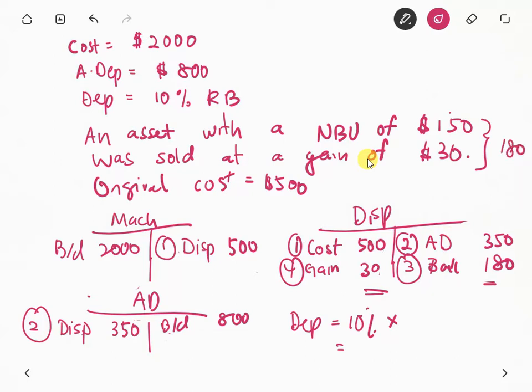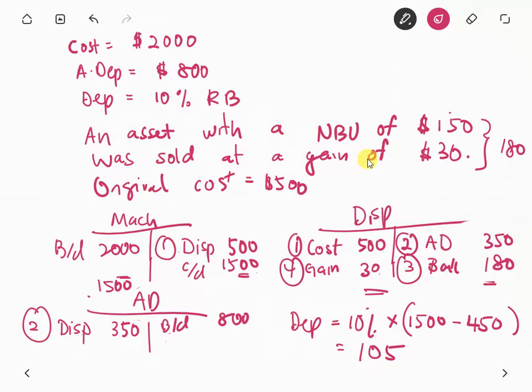Okay, disposal done. Carry down, brought down 15. And we have to depreciate using reducing balance, 10% on net book. Okay, 1005 closing balance, closing cost, closing accumulated is 8 minus 3545.